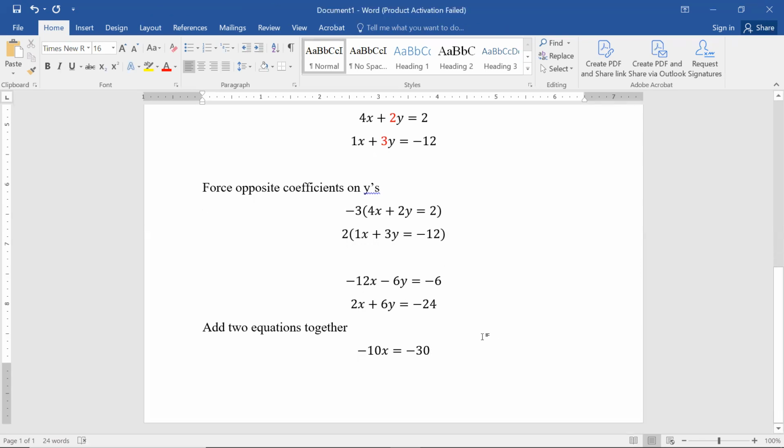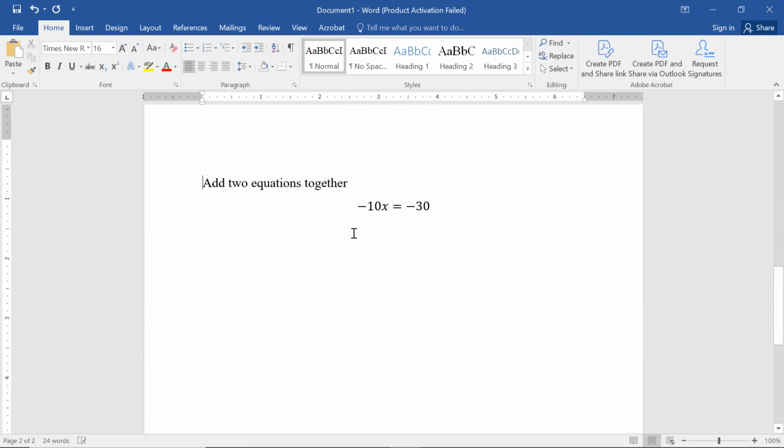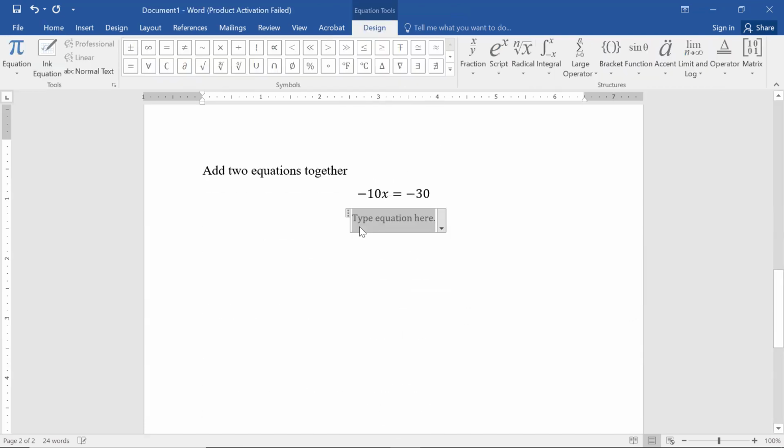Divide both sides by -10. What you'll see, let me go to the next page here, is that x has to be 3.